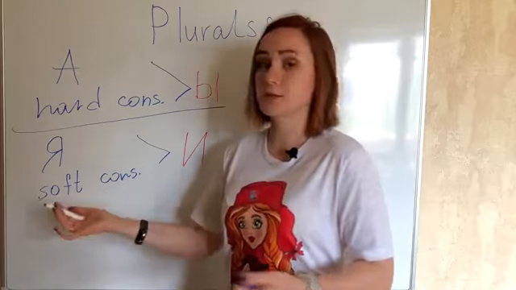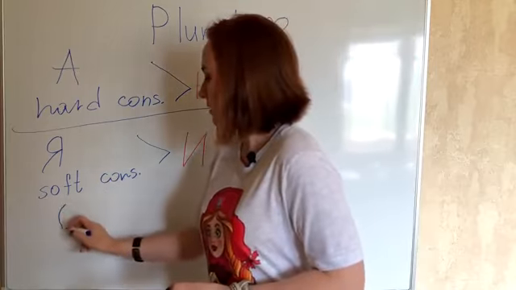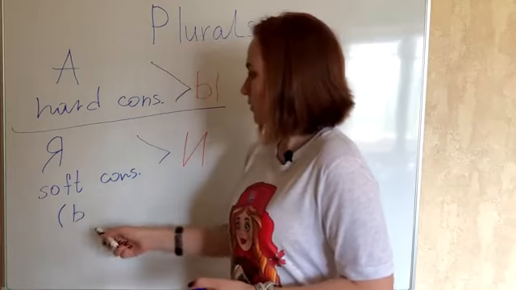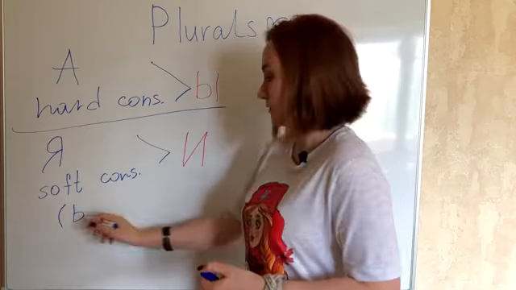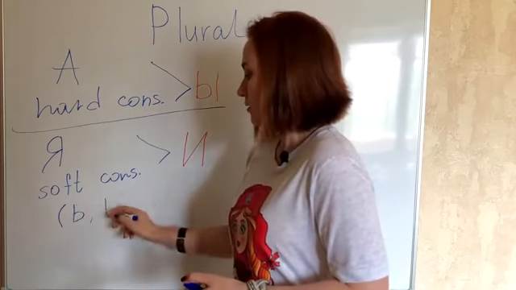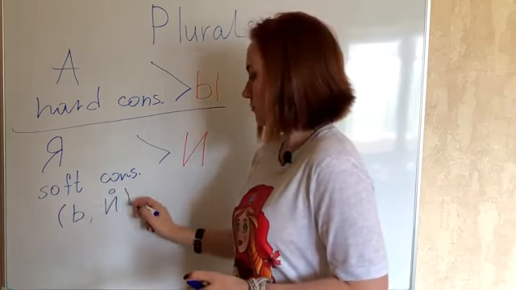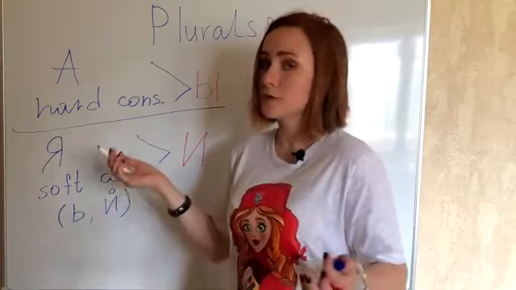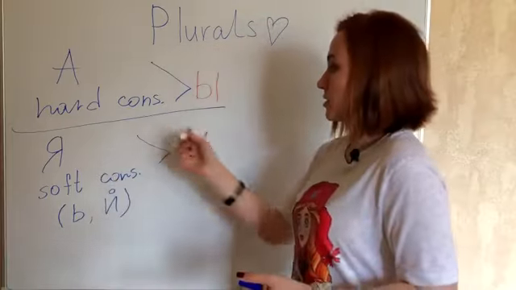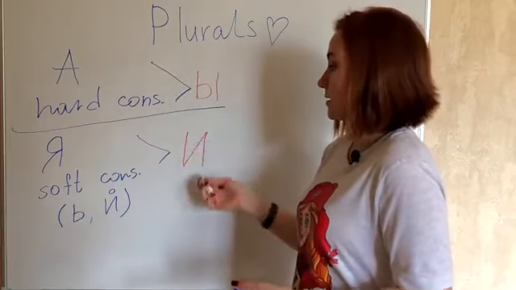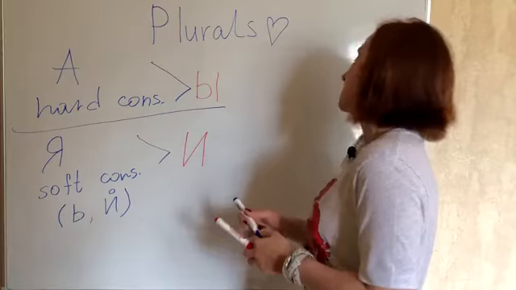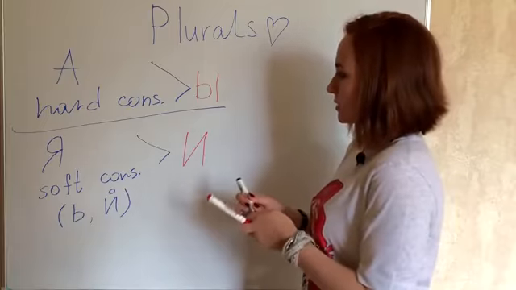By the way, what does soft consonant mean in this situation? So if the word ends with a consonant plus a soft sign, or Й, which is soft, obviously, you change it just like in the first situation. You replace it with И. So let's practice.